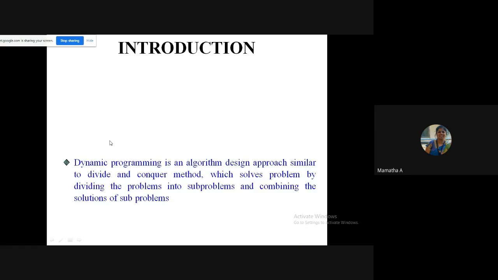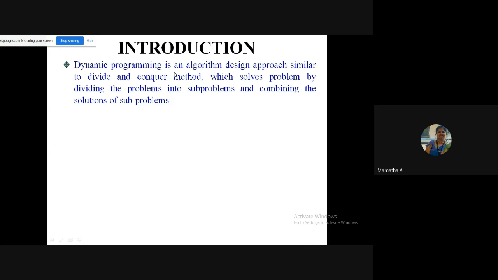As you all know, it is an approach which solves the problem by dividing the problem into sub-problems. Then we solve these sub-problems and combine their solutions. So we divide the problem into sub-problems, solve them recursively, and combine the solutions of the sub-problems.